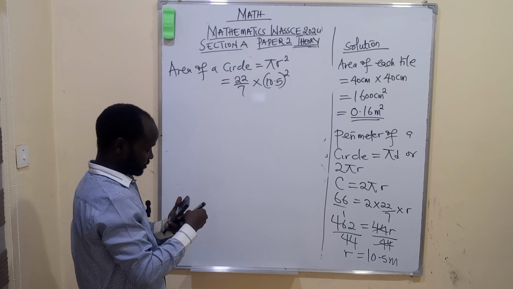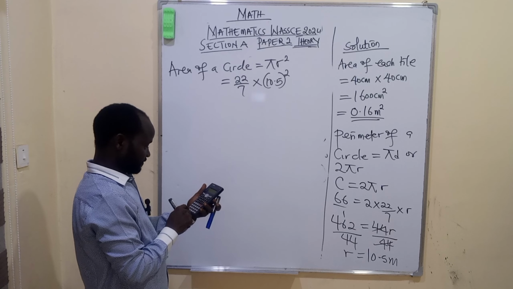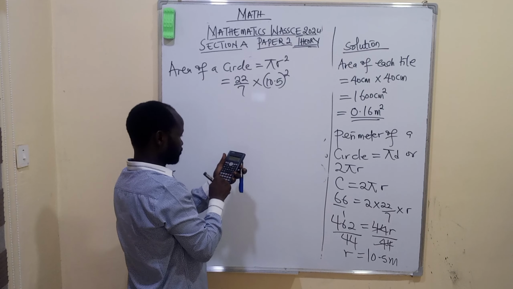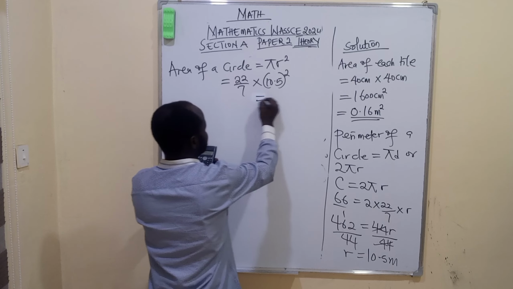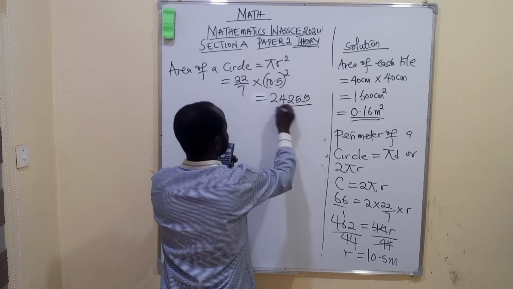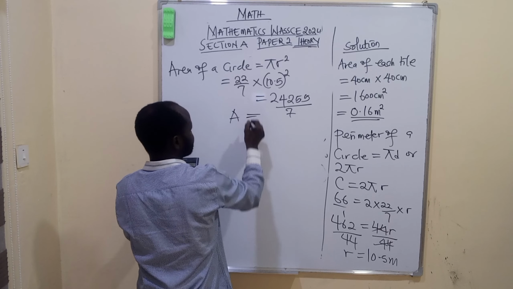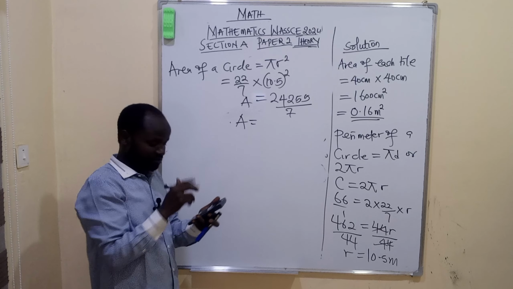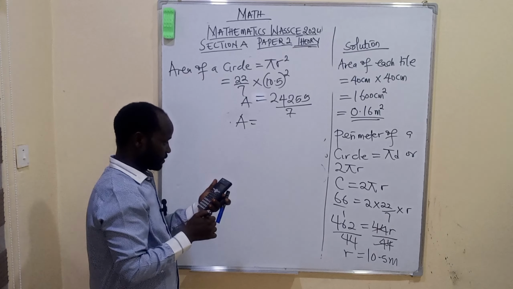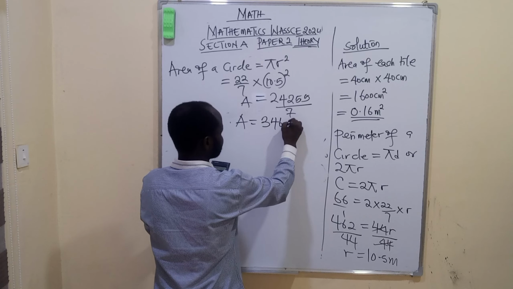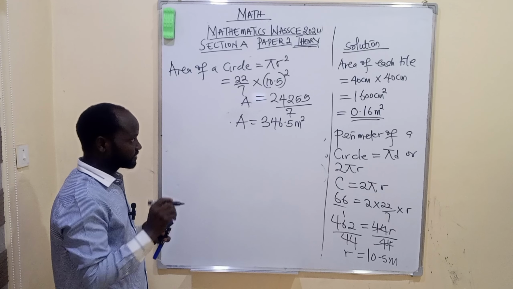So let's work on this. 10.5 squared times 22 will give 2425.5, divided by 7. This will give us the area. So the area A will be 346.5 meter square.